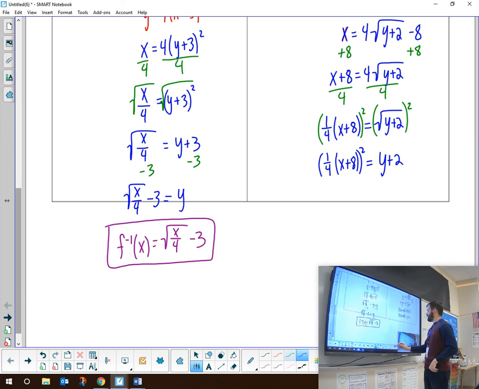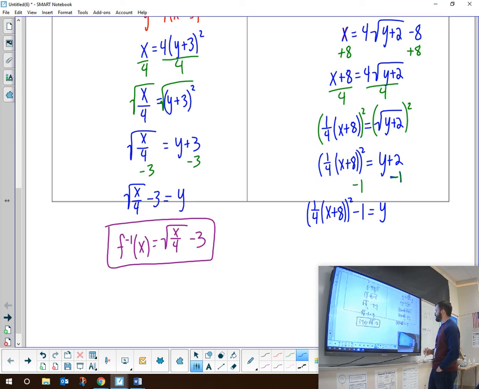Then, last step, we're almost there, minus 2 to both sides. So we're going to get y equals 1/4 times x plus 8 squared minus 2. And then last but not least, we're going to rewrite that y with f to the negative 1 of x.